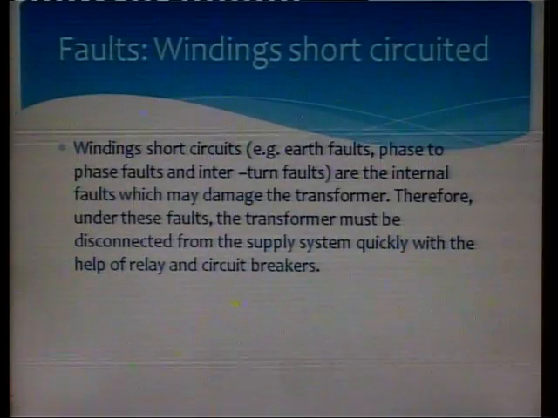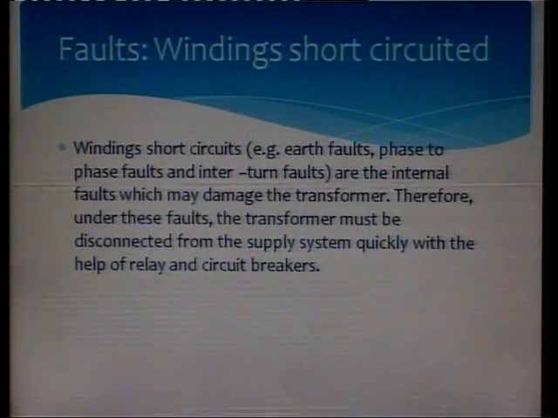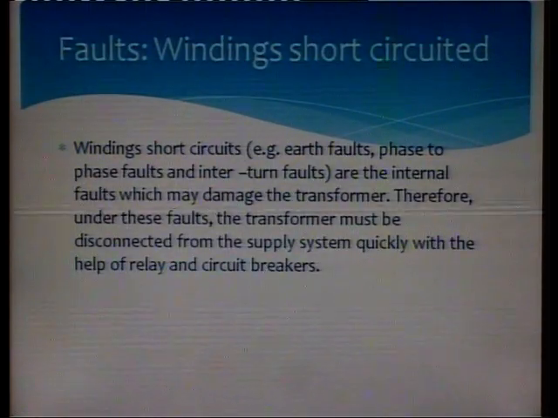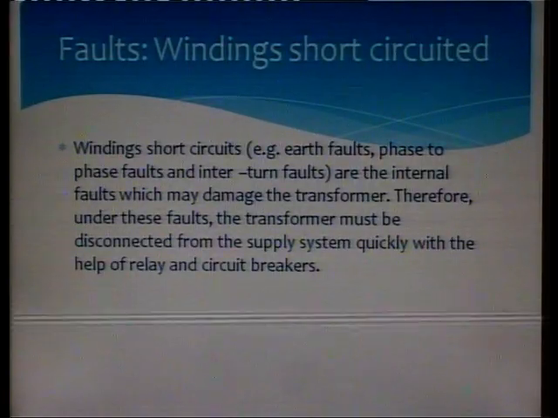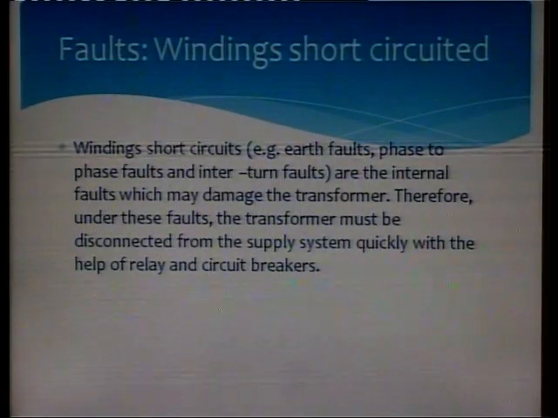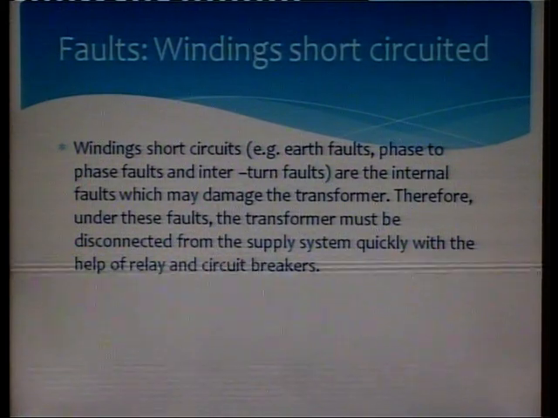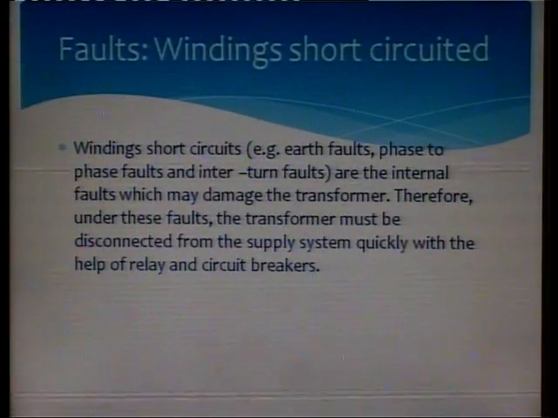The third main fault is when the windings get short circuited. The main examples are earth faults, phase to phase faults, and interturn faults, which are internal faults that may damage the transformer. Therefore, under these faults, the transformer must be disconnected from the supply system quickly with the help of relay and circuit breaker.